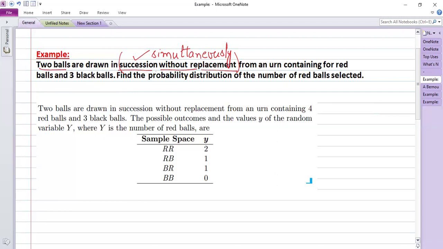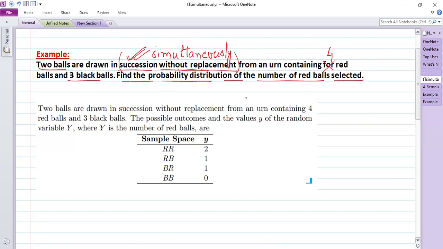If I am drawing two balls in succession, one after the other without replacement, ultimately I am drawing two balls simultaneously. Now, from an urn containing four red balls and three black balls, find the probability distribution of the number of red balls selected.